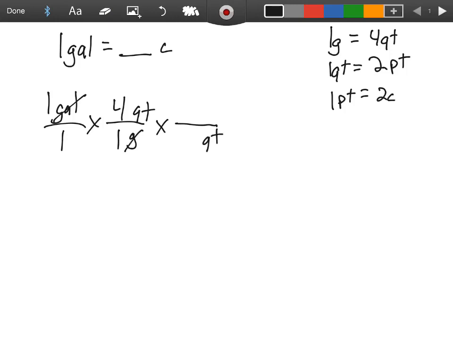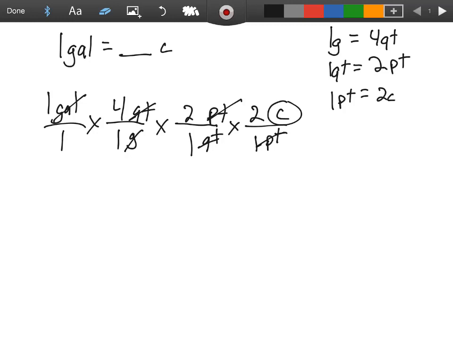Then we have to go from quarts to pints. 2 pints are equal to 1 quart. That will get us converted to pints. And then we have to convert finally from pints to cups. And we know that 1 pint is equal to 2 cups. And that will get us to our final destination.